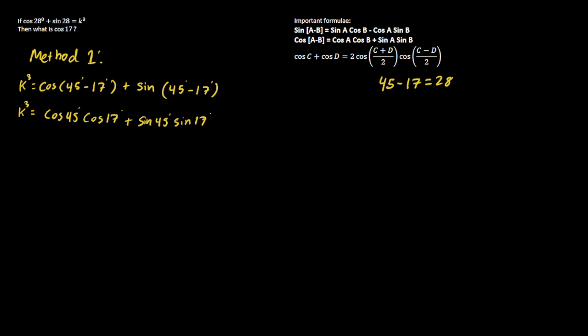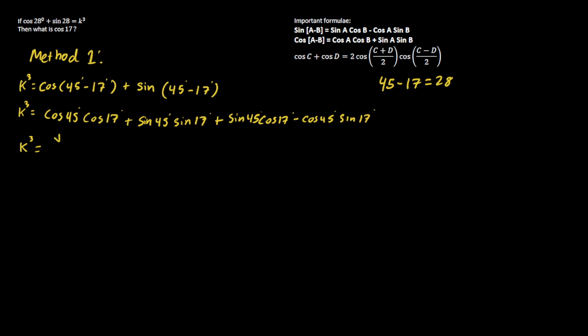And by doing the same thing with sine 45 minus 17, we get sine 45 cos 17 minus cos 45 sine 17. Alright? So that's where we're at right now. We don't know sine or cos 17, but we do know that cos 45 and sine 45 is equal to root 2 over 2. So we'll write all the cos 45s and the sine 45s as root 2 by 2.